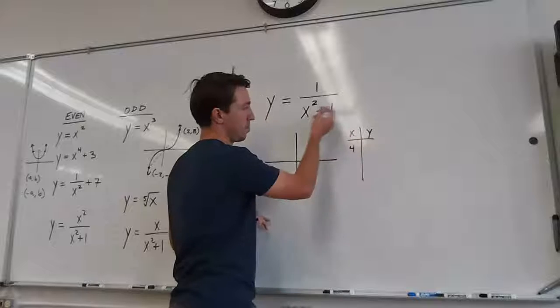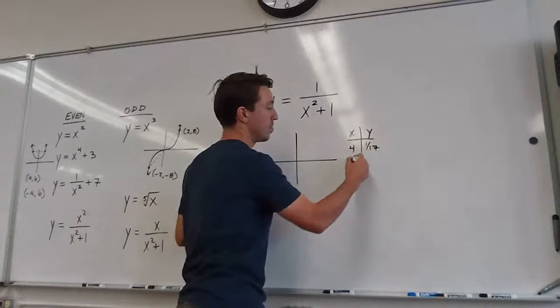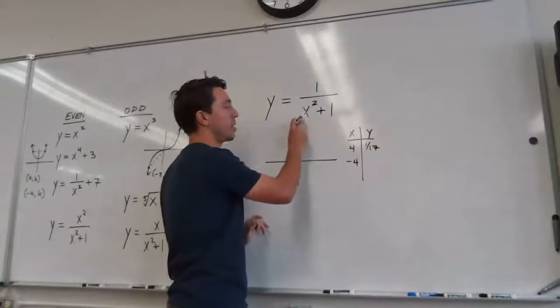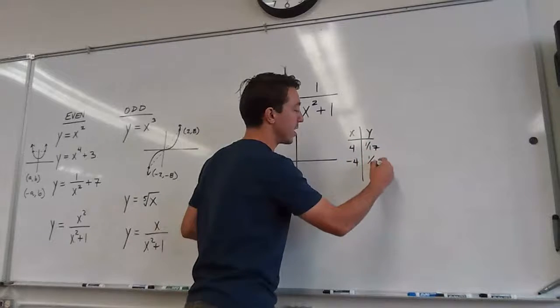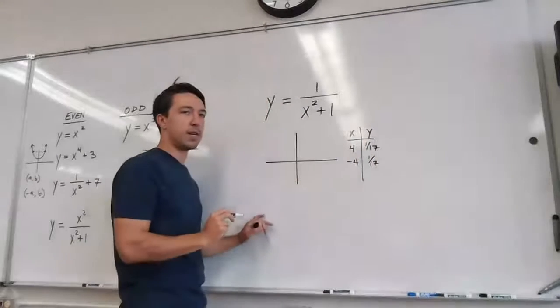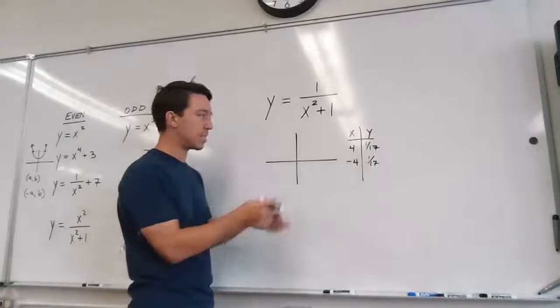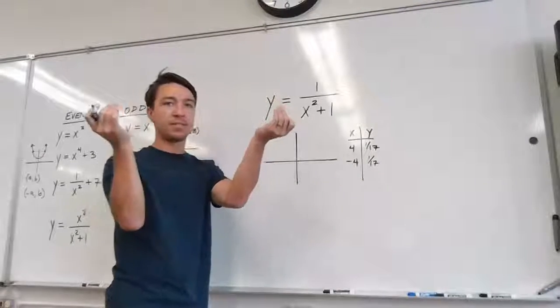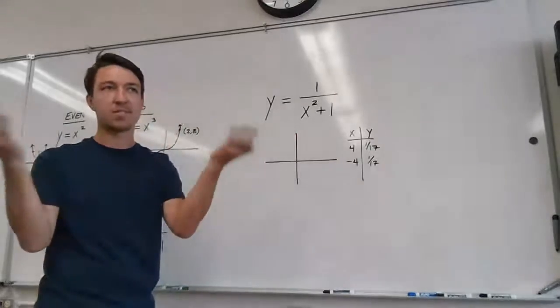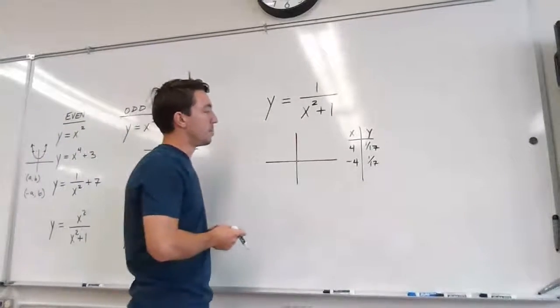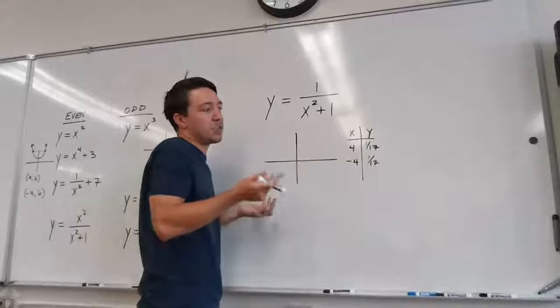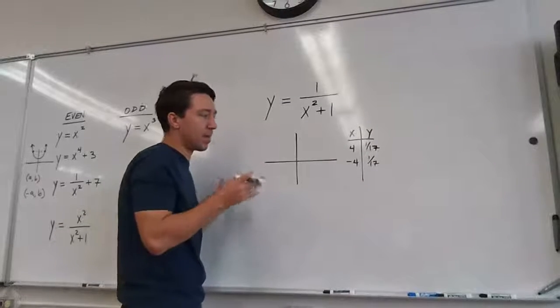You plug in 4, you get 1/17. Plug in -4. Because you're squaring the x, it turns positive, and you still get 1/17. That's pretty good evidence that it's an even function. Technically that has to be true for every pair of positive and negative x values, but just one pair is usually pretty good evidence.